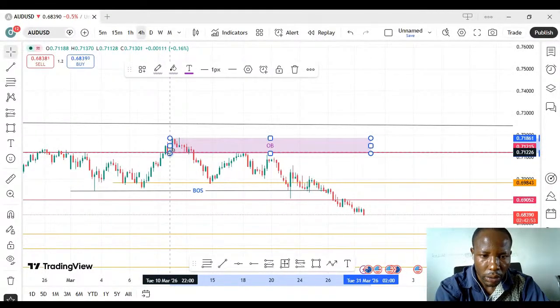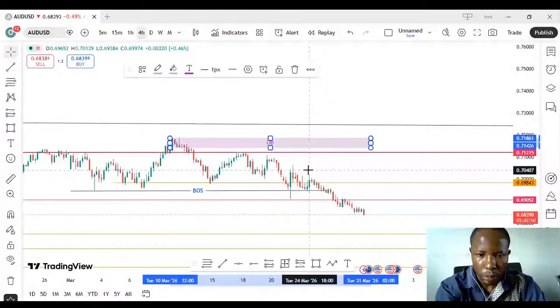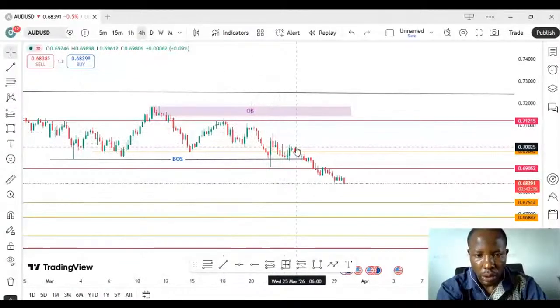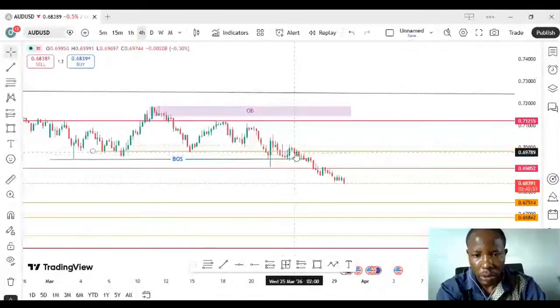This is the flowers, and this is the other block. Now we have a demand. This one mitigated this, this one mitigated. So this is the last. Has it been mitigated? Yes, it has been mitigated. So it's only here that is remaining.